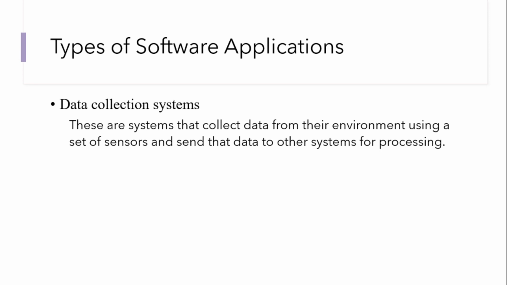The next one we'll be looking at is the data collection system. These are systems that collect data from their environment using a set of sensors and send that data to other systems for processing. Alright, so these systems work using various sensors. Examples can include a car remote control system or a car alarm system.